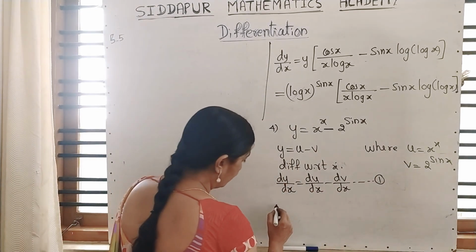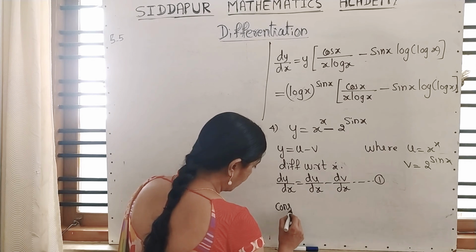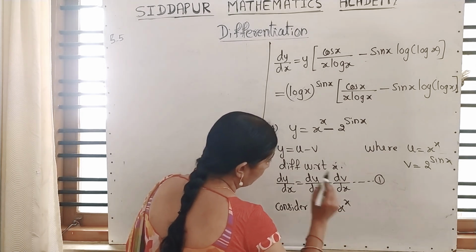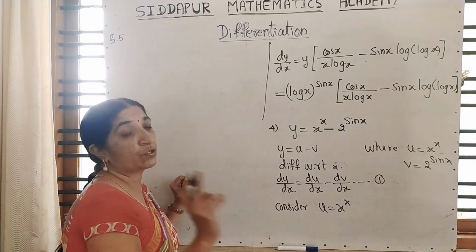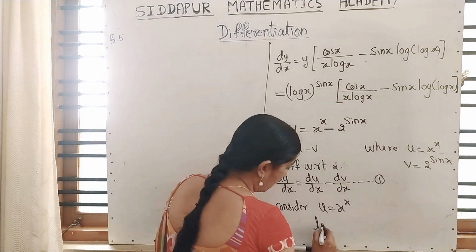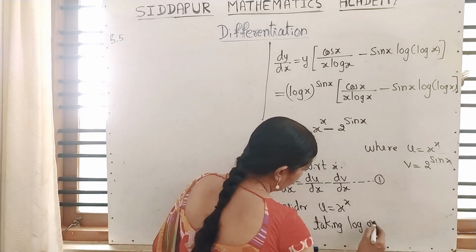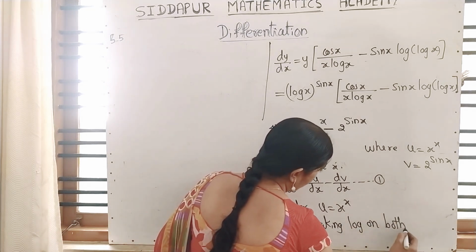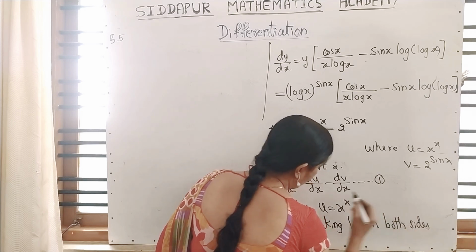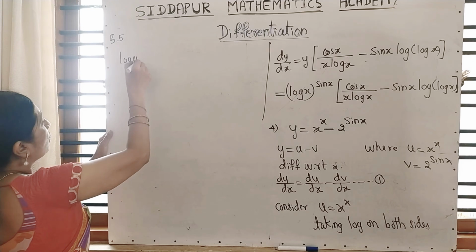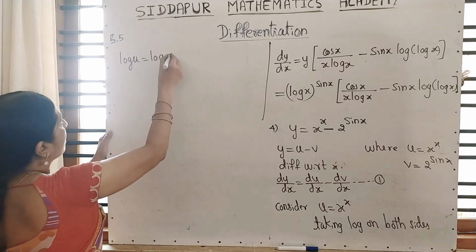Here first consider u is equal to x raised to x. Already I explained in a previous question. Taking log on both the sides, log u is equal to log x raised to x.